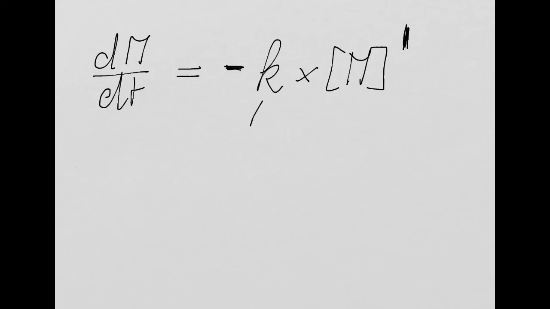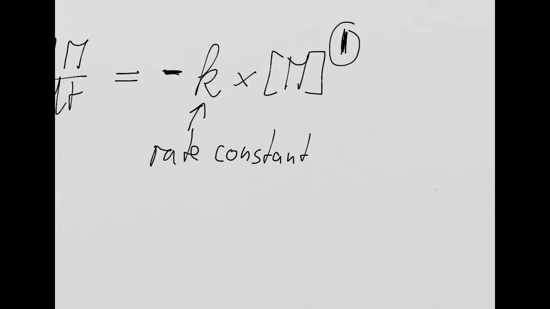As I said, this guy here is the rate constant. This guy here, this 1, this exponent, is also called the rate order.